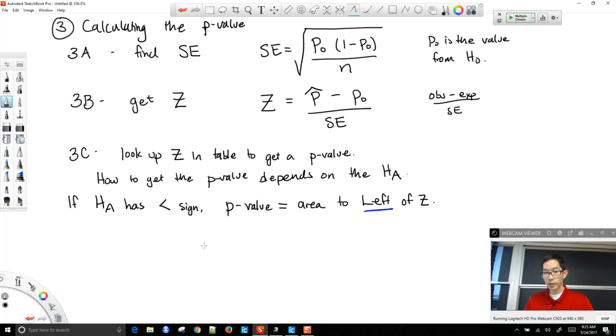That's if you have a less than sign. If the alternative has a greater than sign, then the p-value is equal to the area to the right.